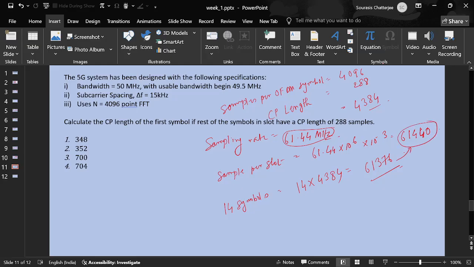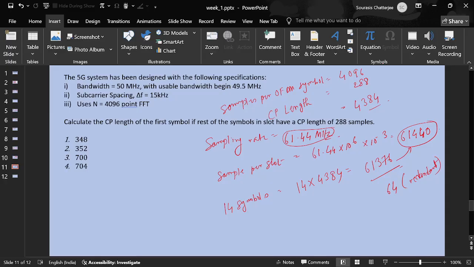So what is the difference between that? 64. These are kind of redundant, right? They are acting as a filling. It's just the discrepancy between the samples per slot you are supposed to have versus the important information.